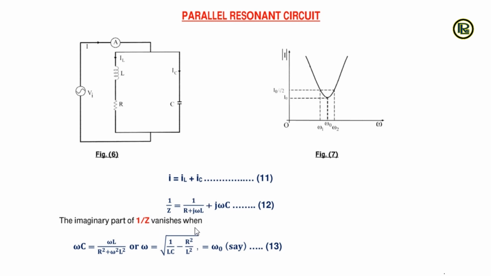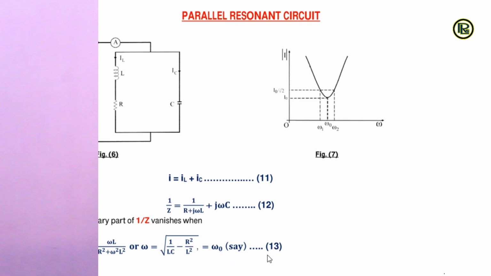The imaginary part of 1 by Z will vanish when omega C is equal to omega L upon R square plus omega square L square, or omega is equal to root over 1 by LC minus R square by L square, equal to omega 0 say.